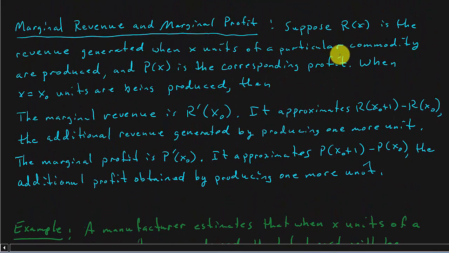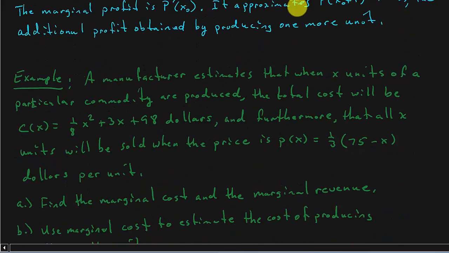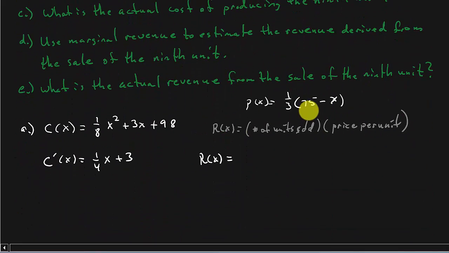When X units of a particular commodity are produced, well, X represents the number of units. So that's going to be X times the price per unit, which is 1/3 times 75 minus X.